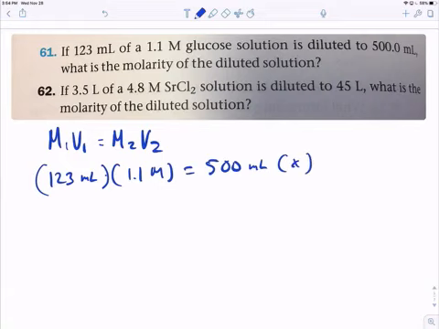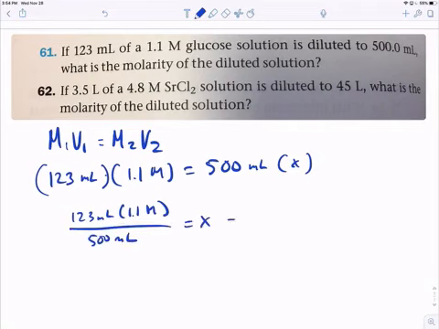So 123 milliliters times 1.1 molar divided by 500 milliliters equals x, which is 123 times 1.1 divided by 500, equals 0.271 molar glucose.